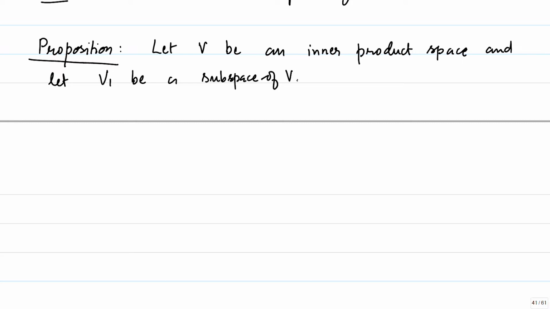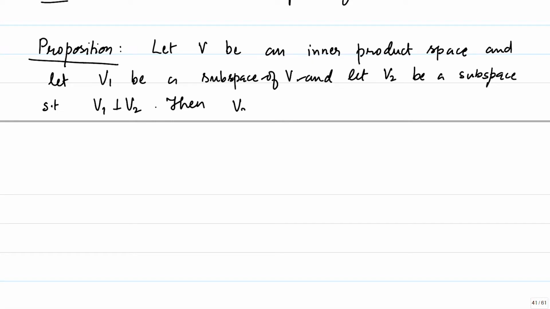So, let V2 be a subspace such that V1 and V2 are orthogonal. Then V2 is contained in V1 orthogonal, the orthogonal complement of V1.